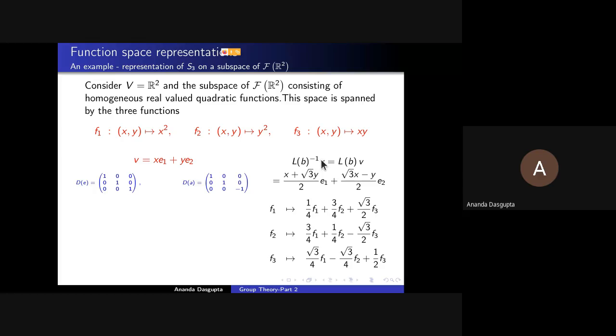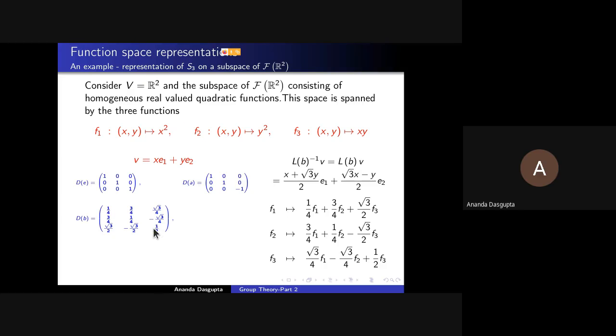If you just work out the algebra, this is straightforward. Just square this, multiply these to each other, and you realize that these are the new functions that you get. F1, F2, F3 become these new combinations. So the new matrix that you have for B is a different representation, of course. Same group, same set of operations, same multiplication table, but entirely different representation.